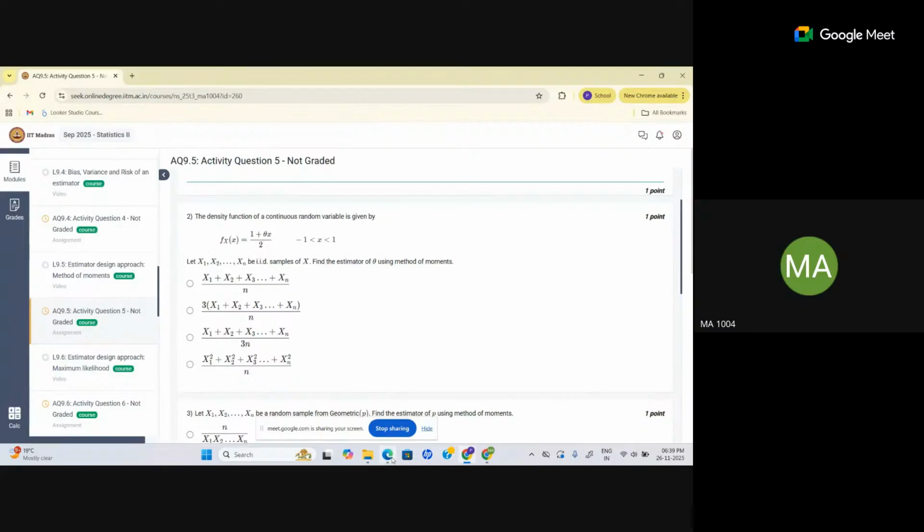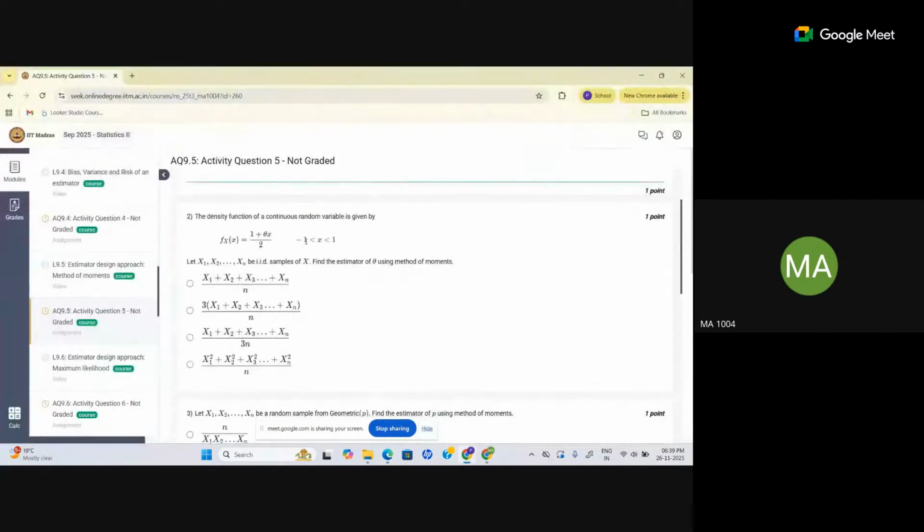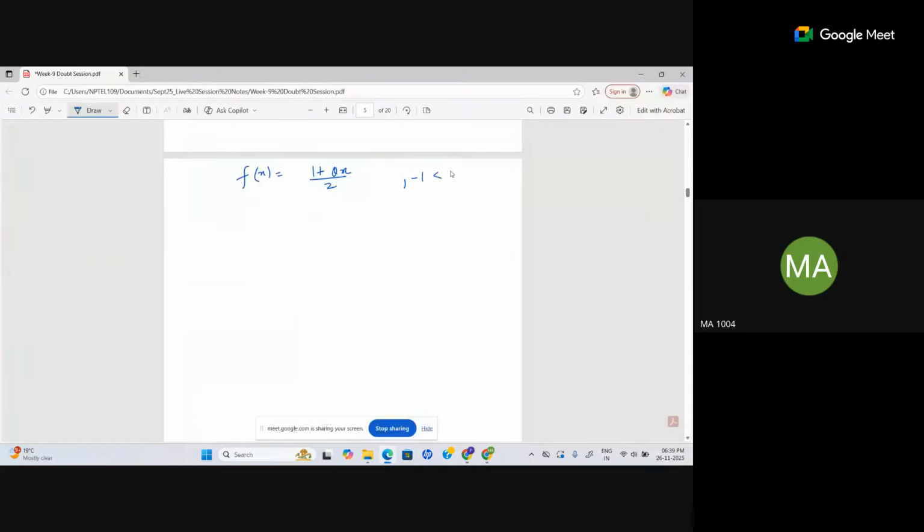The f(x) is (1 plus theta x) divided by 2, from -1 to +1. So calculate the expected value.